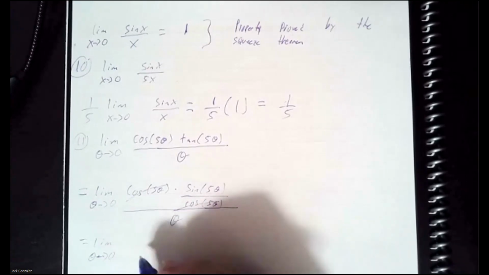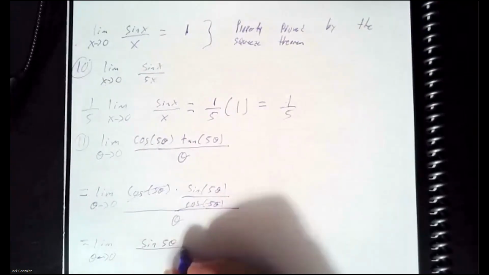Now we're getting pretty close to that form, correct? What do I need in the bottom to make this work? Is it sine of 5 theta at the top? Yes, so we have to make it match, right?